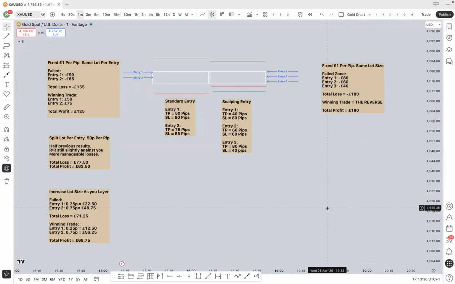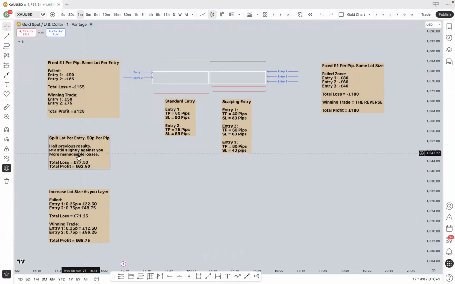Whatever that lot size may be, we're giving this example just to reiterate, we're just making out that the lot size is the equivalent of £1 per pip. Okay. Now that's completely dependent on your lot size, on your risk appetite, on your account size, what lot size you use. But whichever you use, you're doing the same entry here, whether it's 0.1, 0.25, whatever it is on every single level. So hopefully you guys are following that and this is making sense to you.